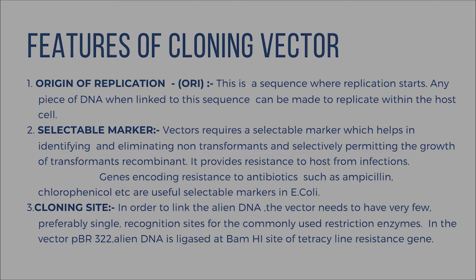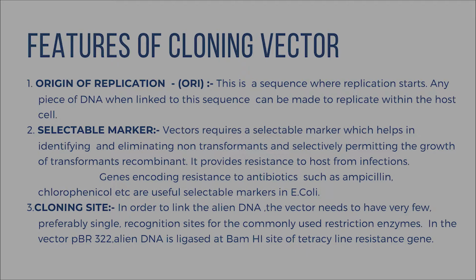And if the foreign DNA which we have joined with the vector does not replicate, then it is called a non-transformant. So here selectable markers are used. It provides resistance to the host from infection also.